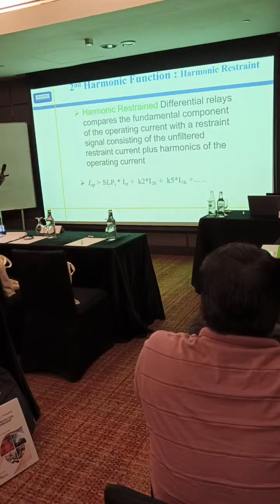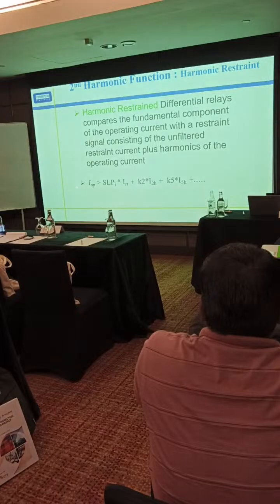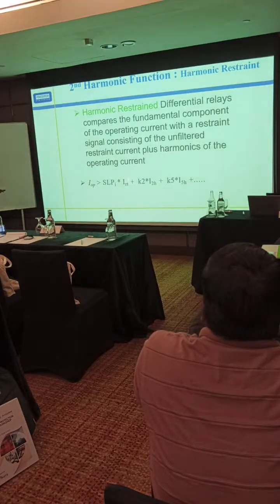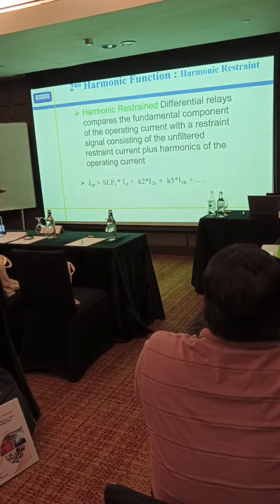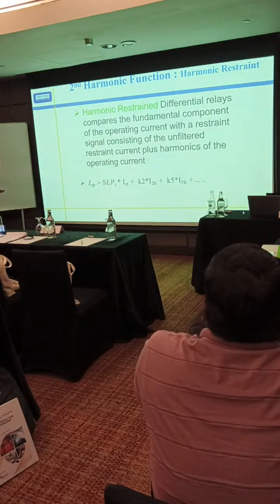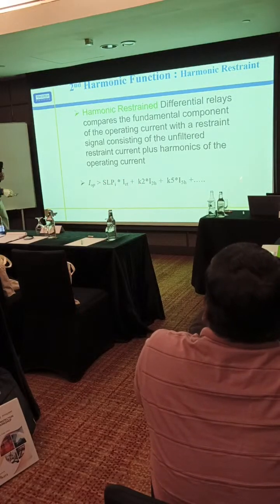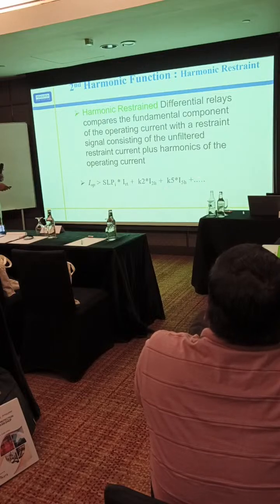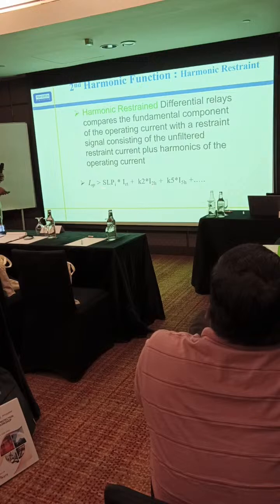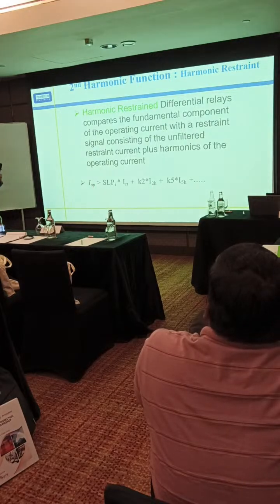So here also you can see from the formula for operating current. This is the fundamental current, and these are the harmonic components. These are all added, and if this is more than the operating current setting, then the relay will operate.